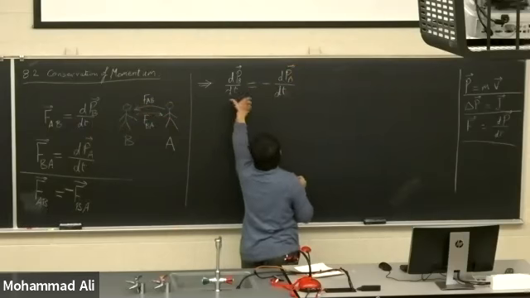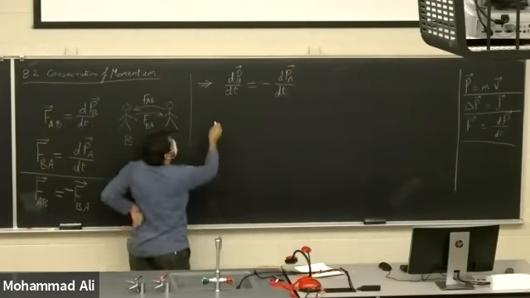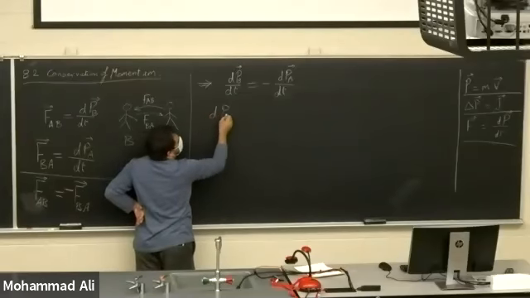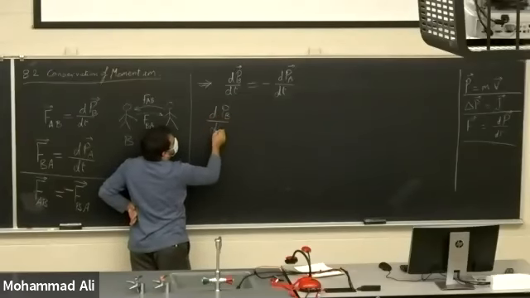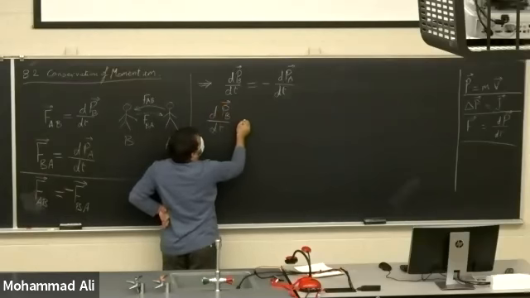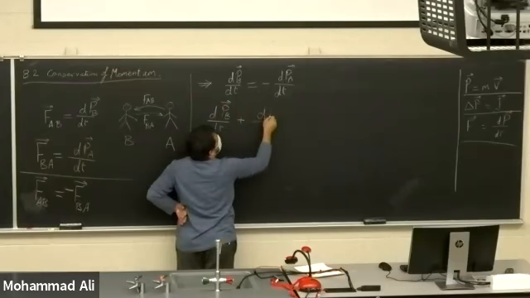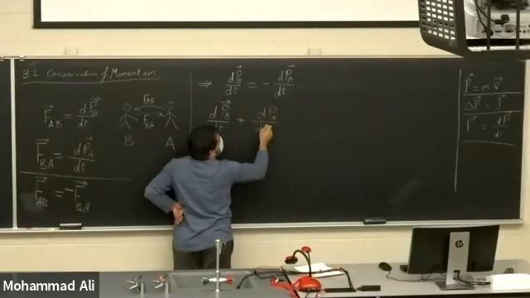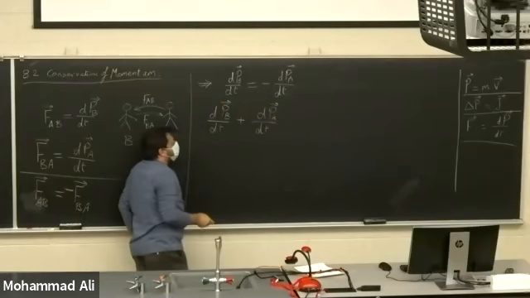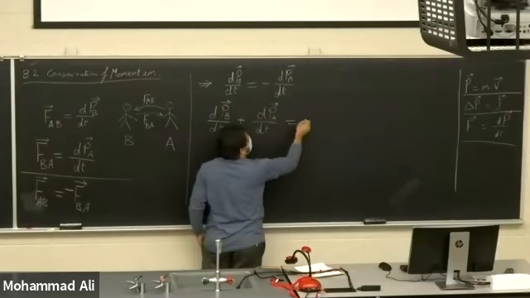Now I just need to move this to the other side. It will be dP_B by dt, the minus sign will be plus, plus dP_A over dt, which is equal to 0.